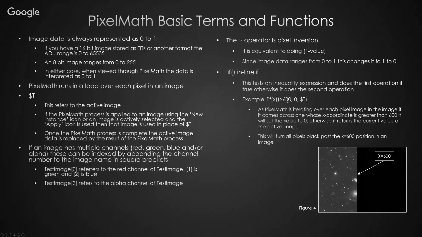So if x is greater than 600, I'm going to return 0. Otherwise, I return the current image data, right? That's this $T again. So you can see as it's iterating over each pixel in the image, once it gets to an x value of greater than 600, it sets that value to 0. Otherwise, it returns the current value. So you can see that it turns everything in the image that's past x equals 600 to 0.